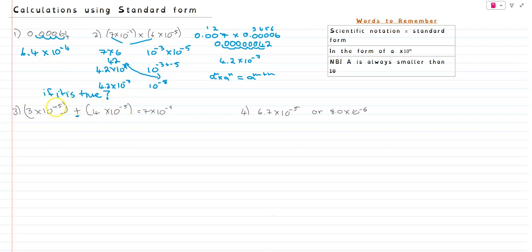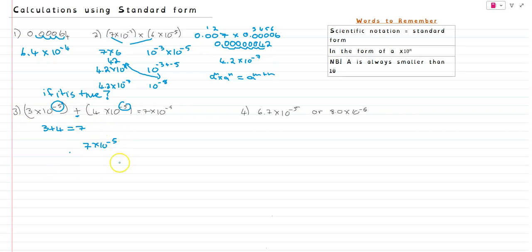There will be no changes in the power. The only thing that might change is our whole number. And 3 plus 4 gives us 7. Okay, and these symbols will stay the same because this is an addition equation, not a multiplication equation, which means yes, it would be 7 times 10 to the power of negative 5.